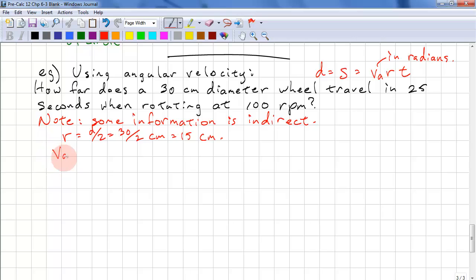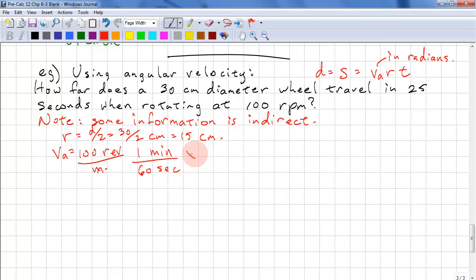Now, the angular velocity is 100 revolutions per minute. We have a question that's asking for 25 seconds. So we need to multiply this by 1 minute equals 60 seconds.